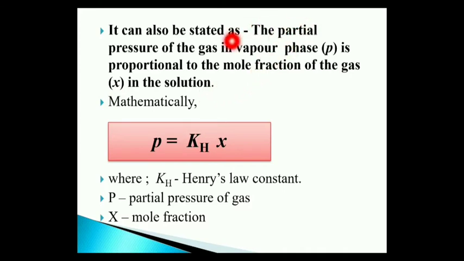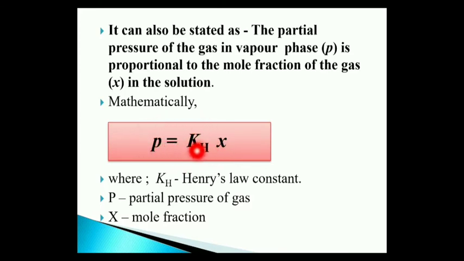That is, the partial pressure of the gas in the vapor phase is directly proportional to the mole fraction of the gas in the solution, where partial pressure is denoted by small p and mole fraction is denoted by X. So mathematically, Henry's law can be written as p = KH X, where p is the partial pressure of the gas, X is the mole fraction, and KH is nothing but Henry's law constant.